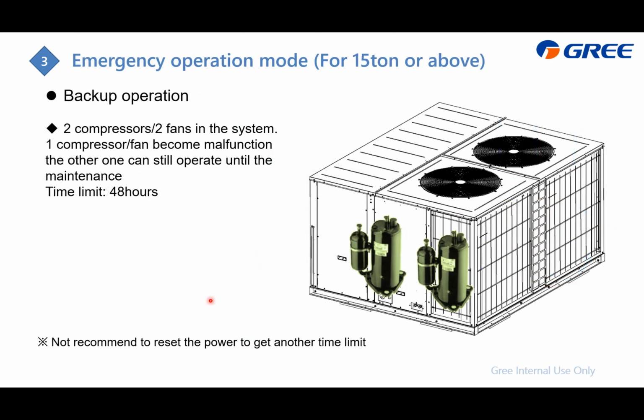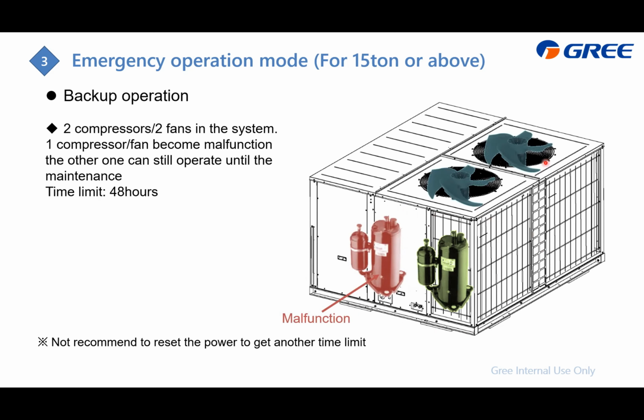Emergency operation mode. This is only for 50 ton or above. That means inside the rooftop unit, there are at least 2 compressors or 2 fans. If either one of them malfunctions, the other one can still operate to ensure customer comfort. So in this case, if one compressor malfunctions, the other one can still operate to offer cooling or heating.